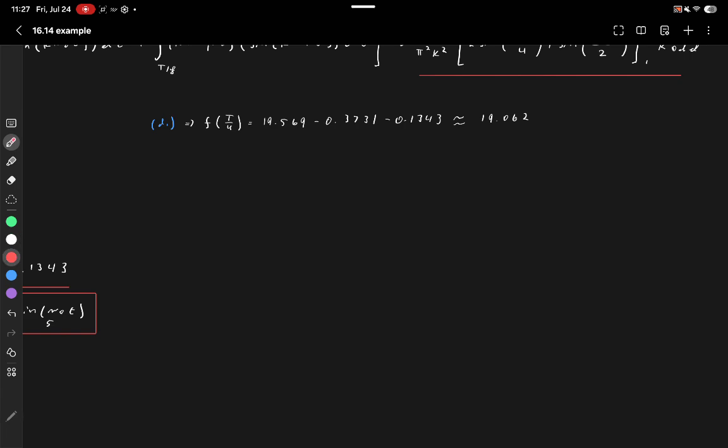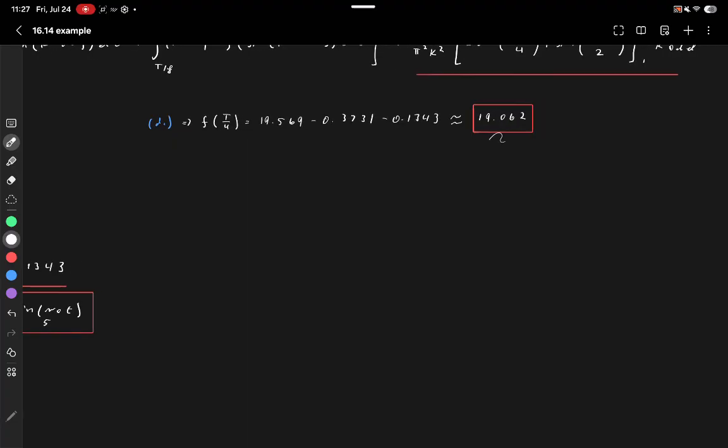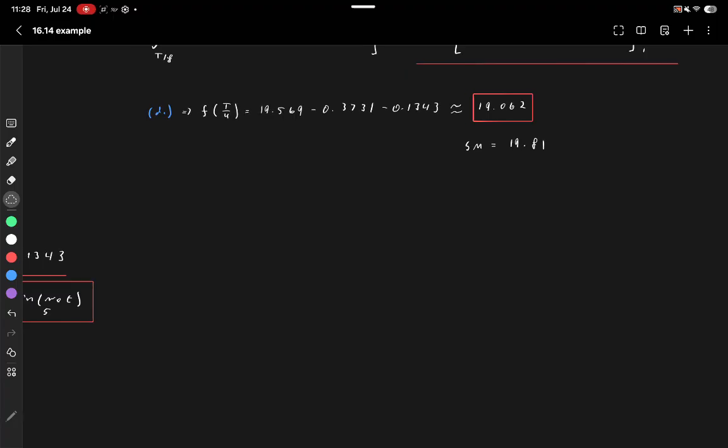19.062. Awesome. Now, the solutions are great, but they do sometimes contain some errors. I do believe that the solution manual gives 19.81 for what is supposed to be here. And I guess we can throw that over there because that's where it's supposed to be.